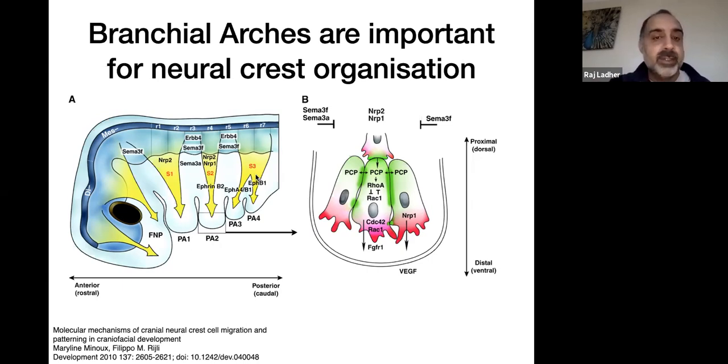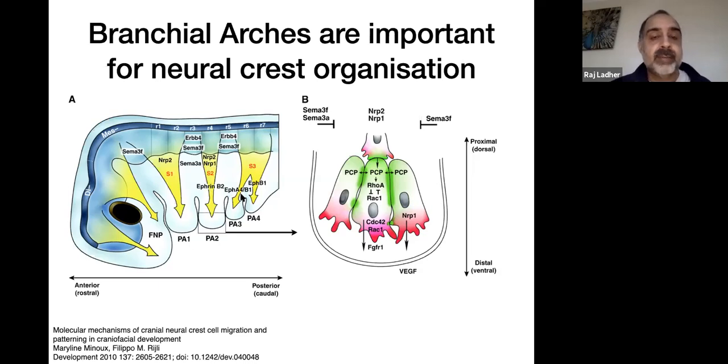And so this molecular toolbox is being used in different contexts to do kind of the same thing. So semaphorins will be used in the patterning of retinal tectal projection. So the pathfinding of axons from the retina, for example, to the tectum, also uses the semaphorin, neuropilin, ephrin system as well.